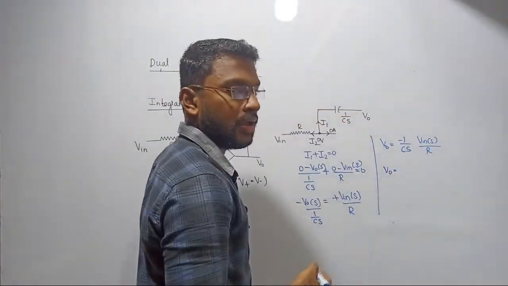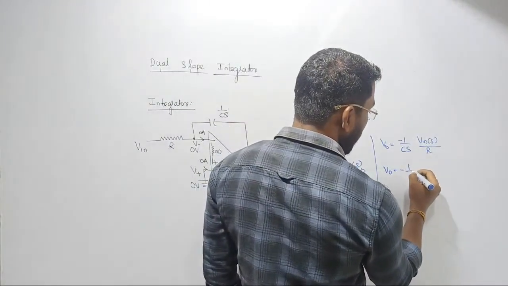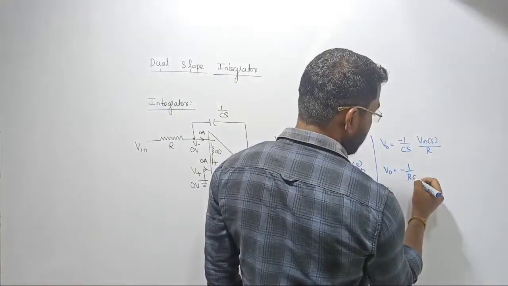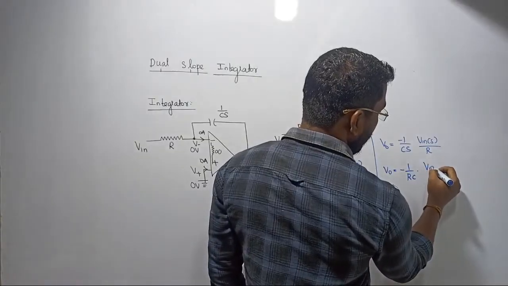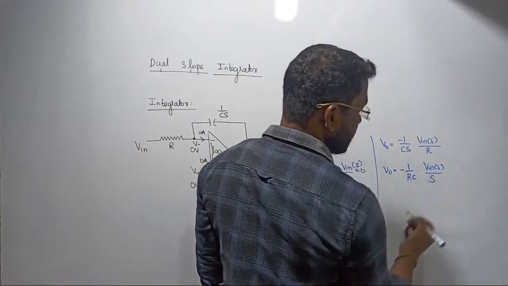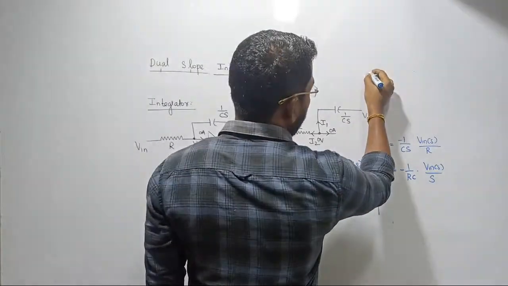Now let us write one more thing. This function can be rewritten by taking minus 1 by RC outside, times Vin of S upon S. What is this? This is an integrator, right?